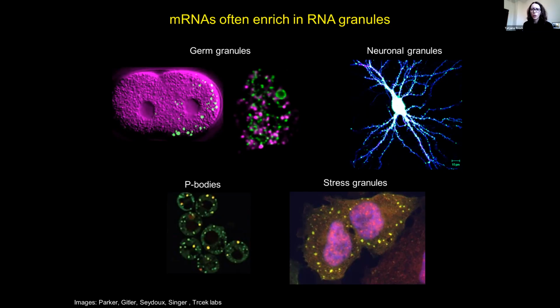What is common to all of these granules is that they're all round, they're non-membrane bound, they're full of RNA binding proteins and mRNAs, and it is thought that very important post-transcriptional regulation is occurring in these granules, and that this post-transcriptional regulation is fundamentally important for specific functions that are required by the cell.